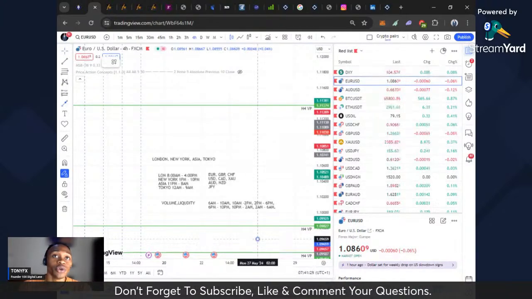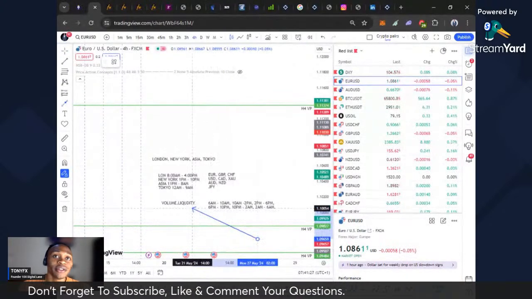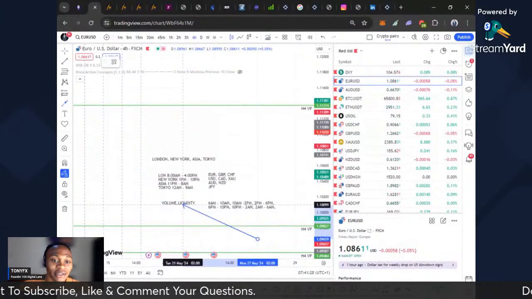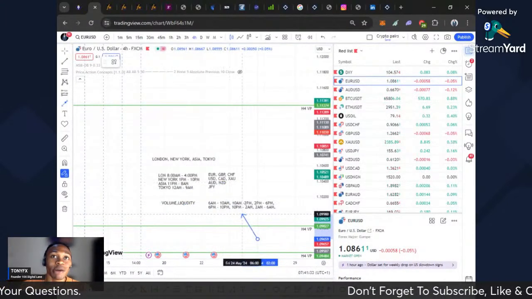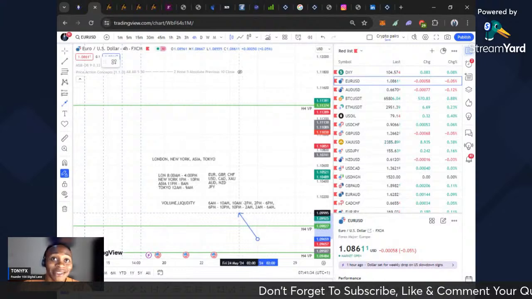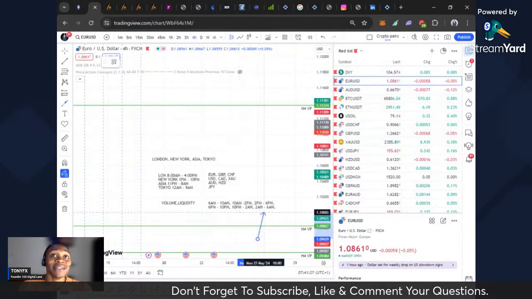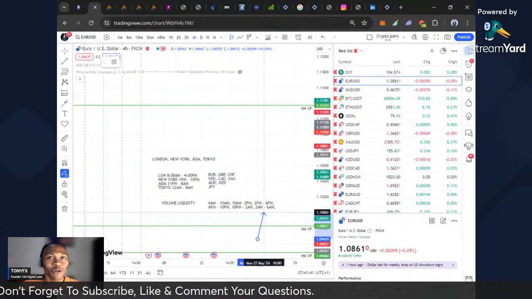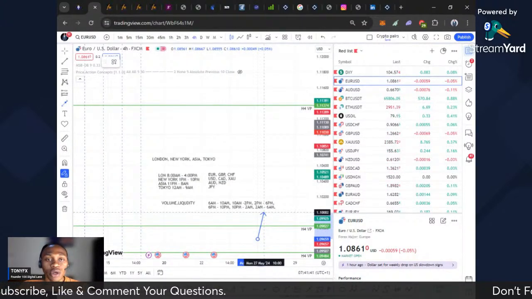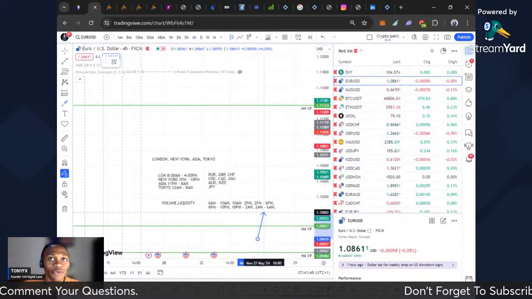Most mentors will teach you about this, but if you find a mentor that can teach you about this and explain it in detail for you, so you're not always having that feeling of fear of missing out, FOMO.